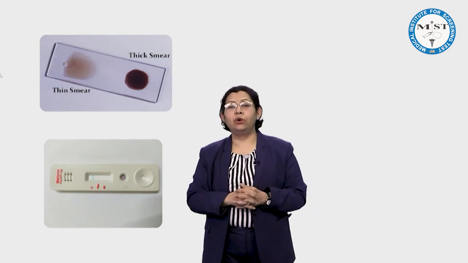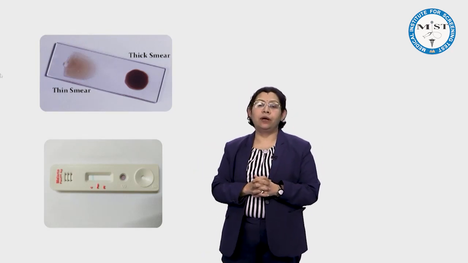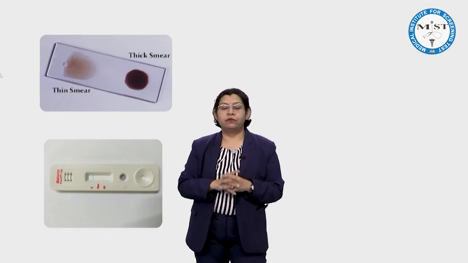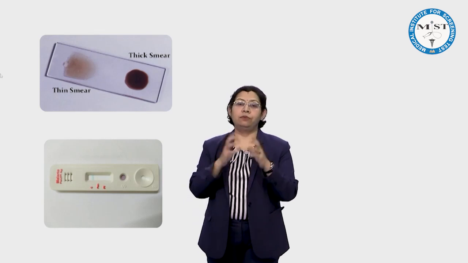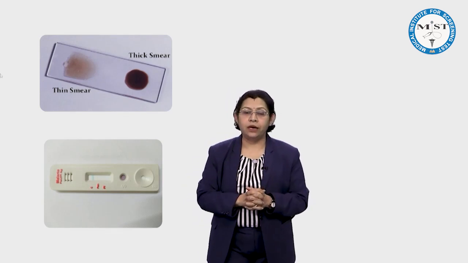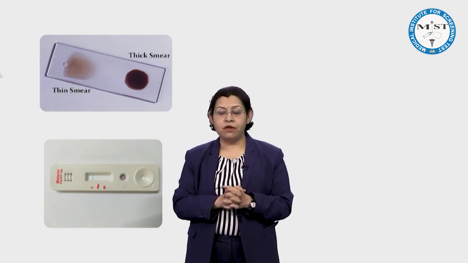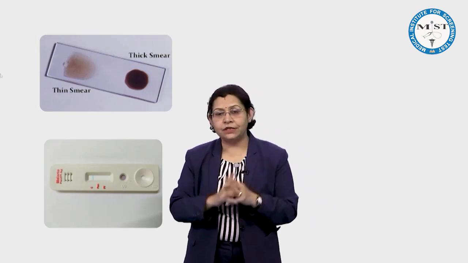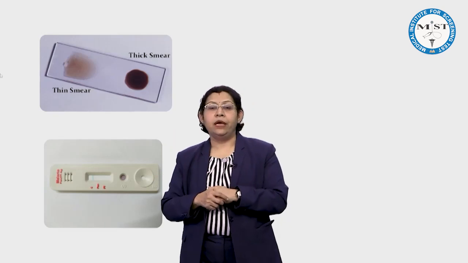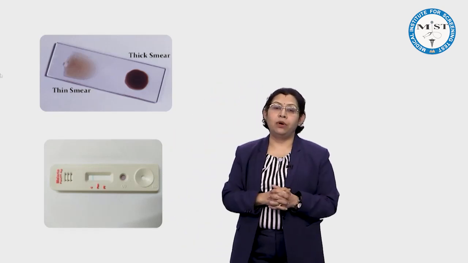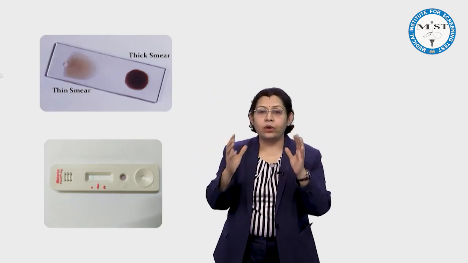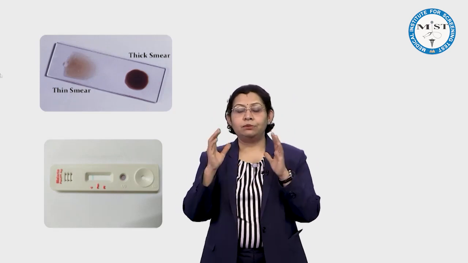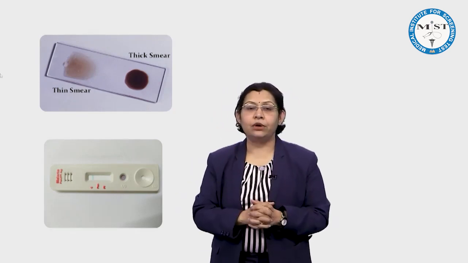We should also know the guidelines given by the Government of India as per our national program: if a person has been confirmed with malaria, what drug has to be given. The treatment depends upon the species, whether it is vivax or falciparum, as well as the geographical location of the person, whether that person is living in the northeast states or in other states.